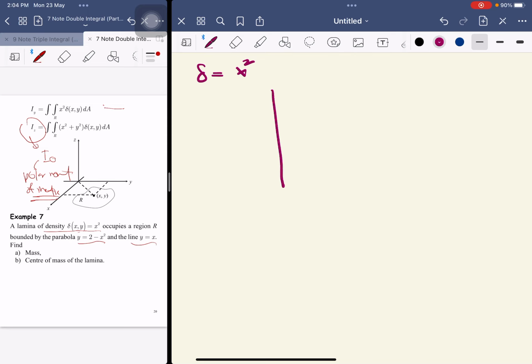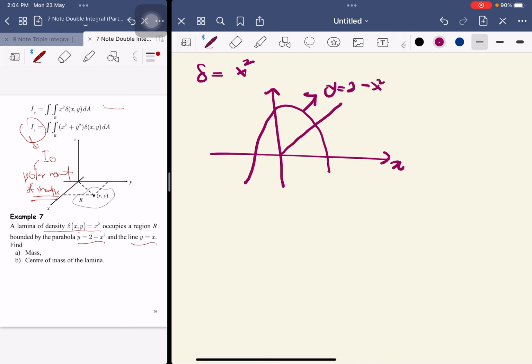If we try to sketch it in 2D, the parabola y equal to 2 minus x square is given like this, right? Then we have one more, which is the line y equal to x. We are talking about the bounded region, so the region bounded by this parabola and y equal to x gives you this shaded region.